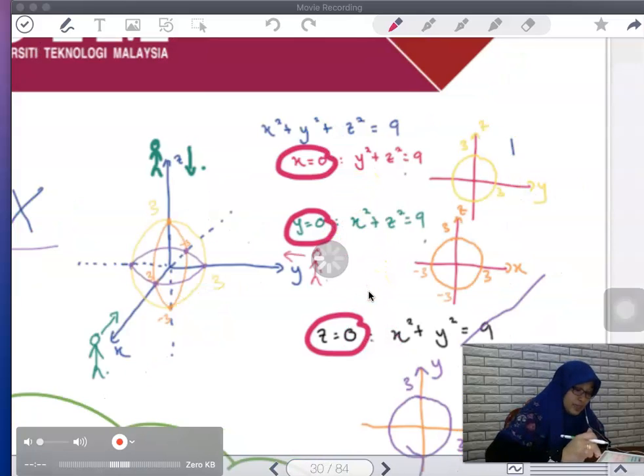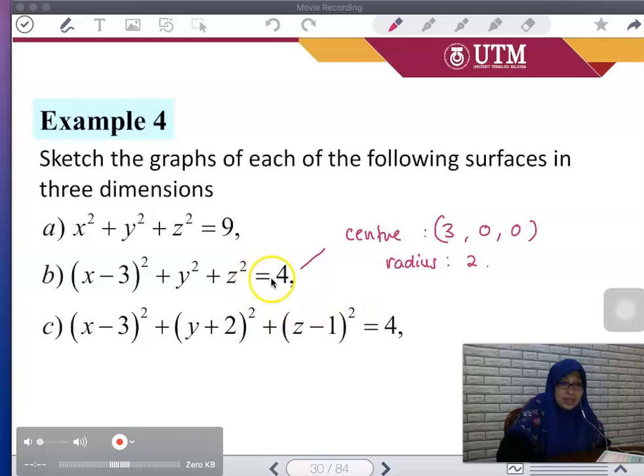But for this particular example, it is a bit different in terms of providing the trace. You cannot say that the trace should be on x equal to 0, y equal to 0, and z equal to 0. It depends on the center that you have.